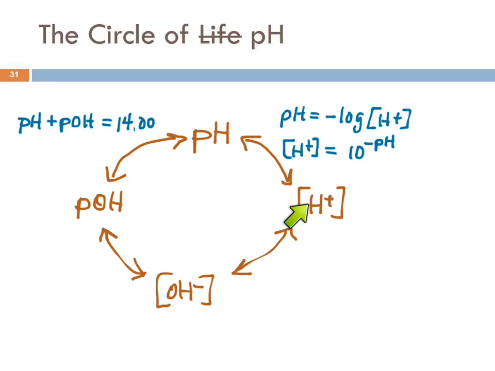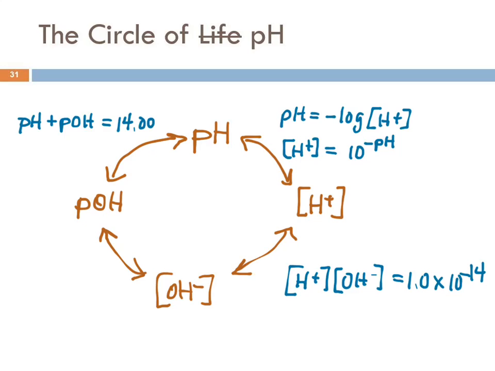What about hydrogen ion and hydroxide ion concentration? You add them together, you get water. That's true. And you multiply them together, and you get the ion product constant of water. That's where we started tonight.